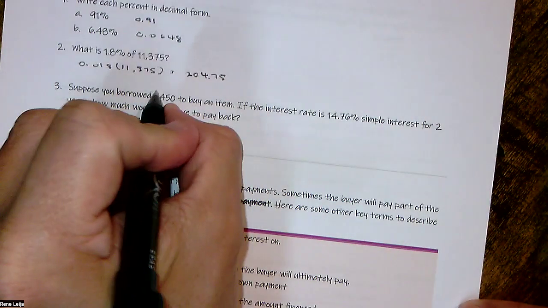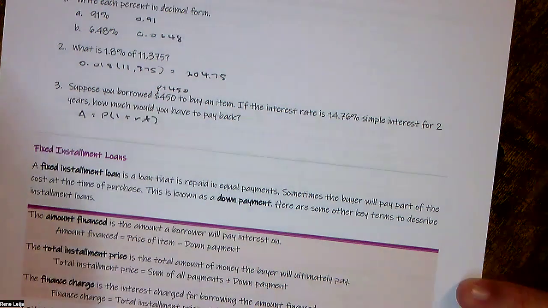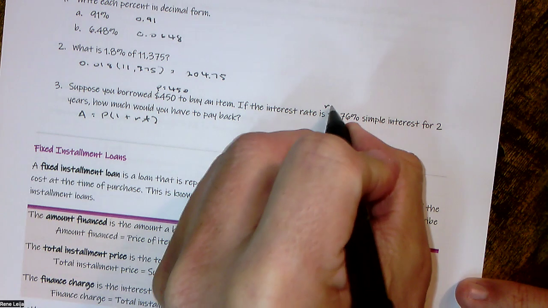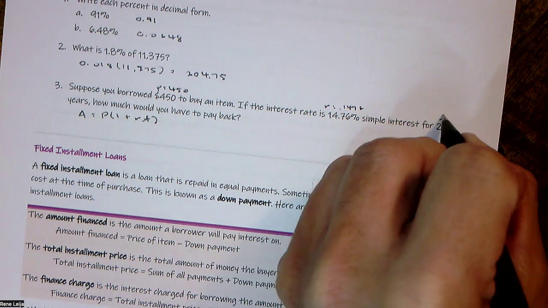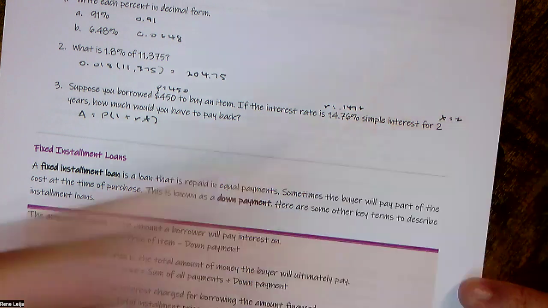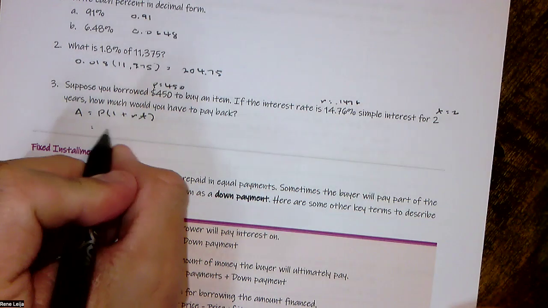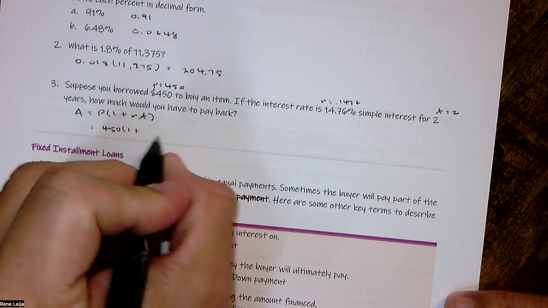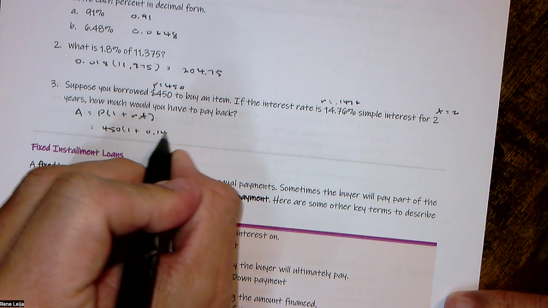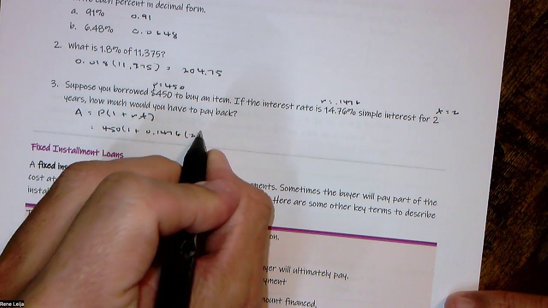My principal is 450, my interest rate is 0.1476, and T is 2 for 2 years. So we plug this in: 450 times (1 plus 0.1476 times 2).